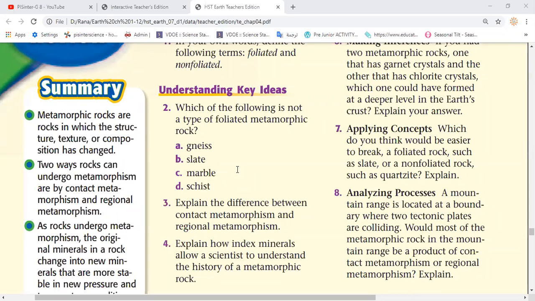So that's the cause of contact metamorphism. While regional metamorphism is caused by the movement of the Earth's crust, which causes some deformations and changes in the composition of the rocks. Also, because a lot of layers press on the layers below them, it causes them to change into a new metamorphic rock. So that's the cause first.